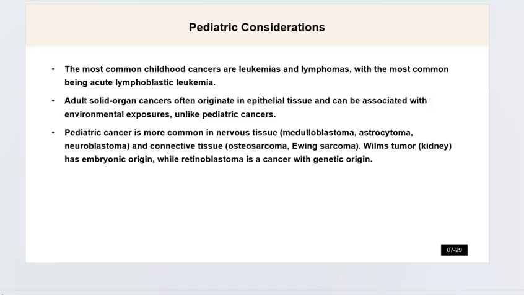Okay. Most cancers are the hematopoietic, so lymphomas and leukemias. Then the next ones could be nervous system tumors or embryonic origin. Okay. Wilms tumor is a kidney tumor that has embryonic origin, and retinoblastoma is a cancer with genetic origin here.